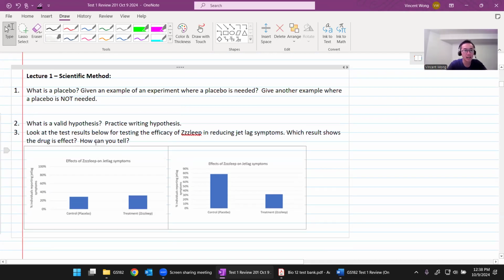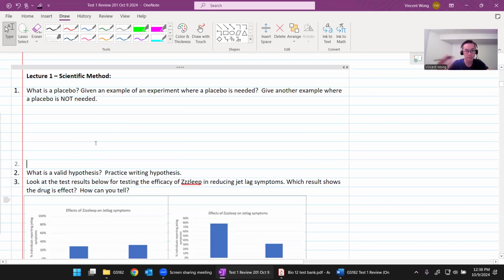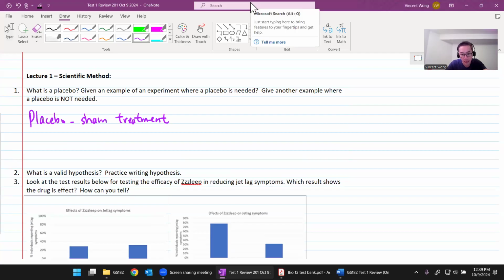What is a placebo? Give an example of an experiment where a placebo is needed and then where it is not needed. So a placebo is basically a sham treatment, right? It is a substance that has no effect on what we are investigating.